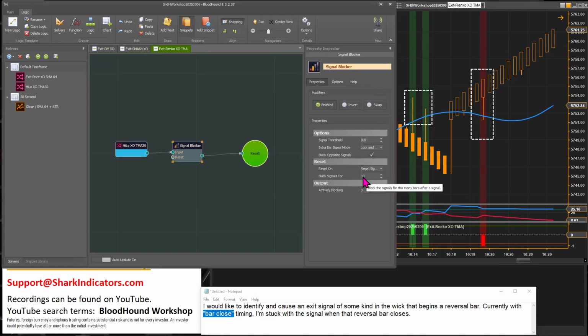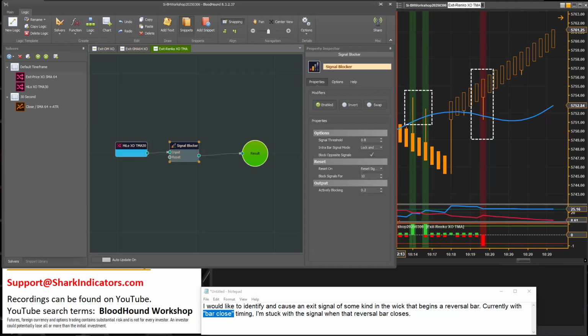And also, I'm going to use this actively blocking output here. This really doesn't have any function other than to help you debug the system. This actively blocking output tells you when the signal blocker is active, when it is blocking signals, so that you're not trying to imagine all this stuff in your head.